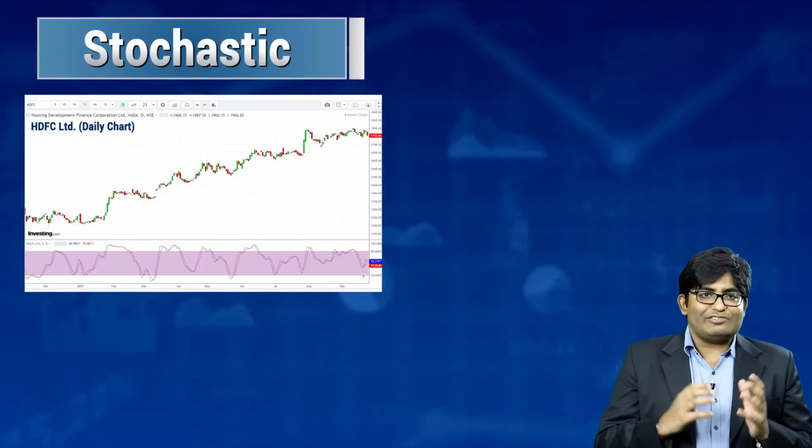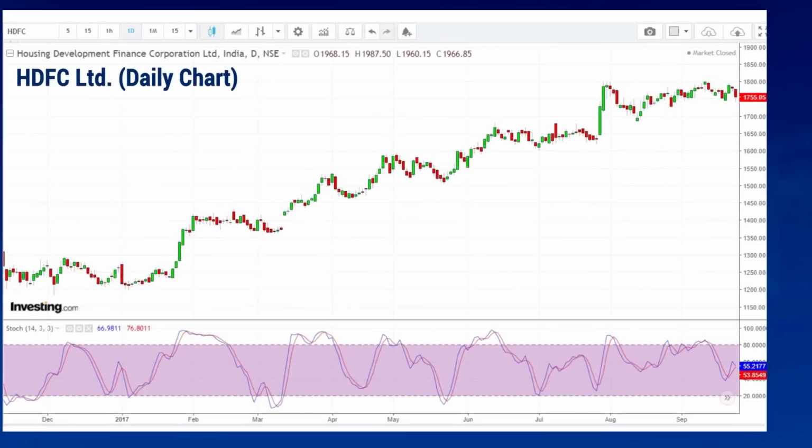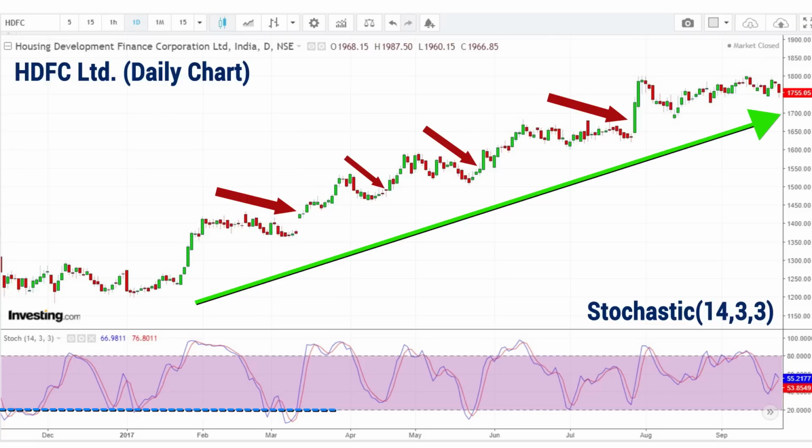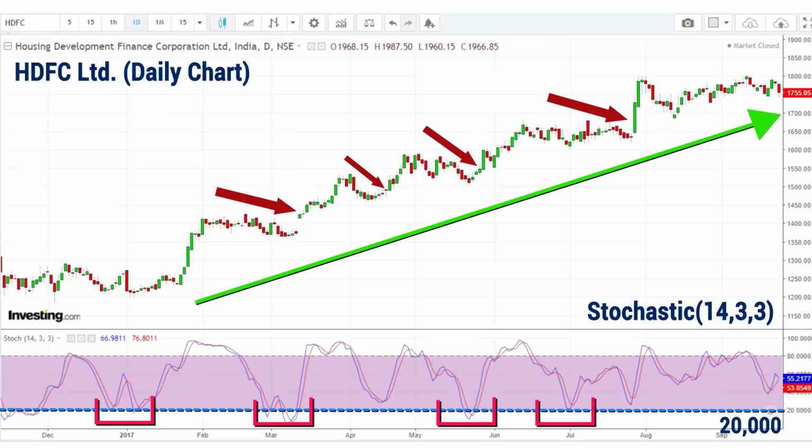Now there are three types of market in general. The first one is a steady up move. A steady up move can be recognized by a steady upward sloping price channel. You can see the price going up just by looking at the chart. Now often during this up move, during intermediate small corrections and consolidation, we will find that the stochastic came close to the 20 or just below 20.